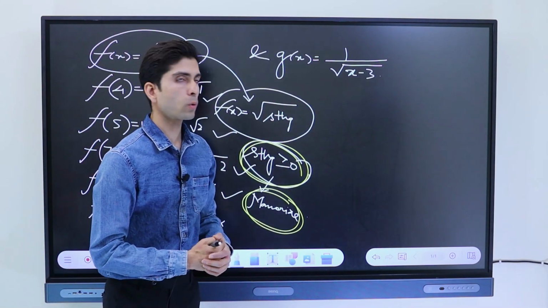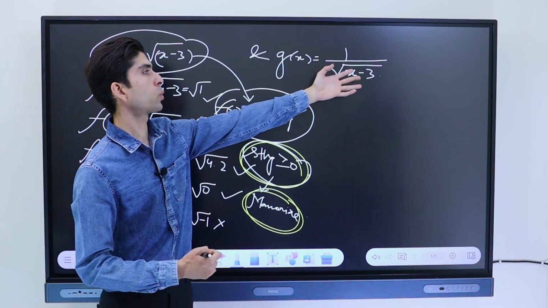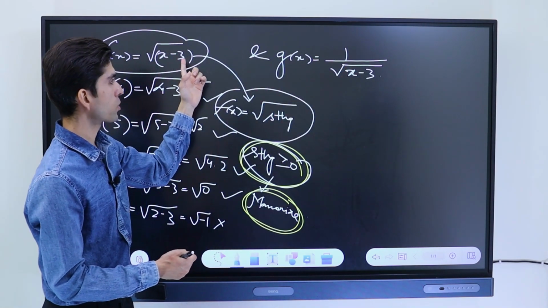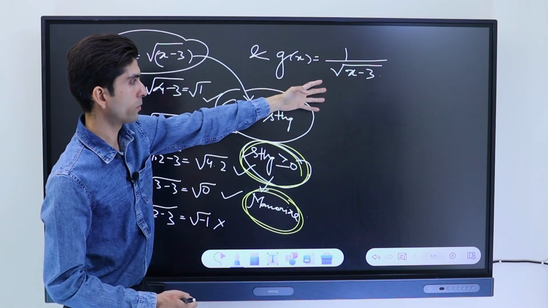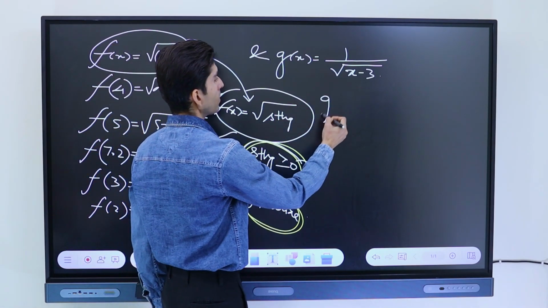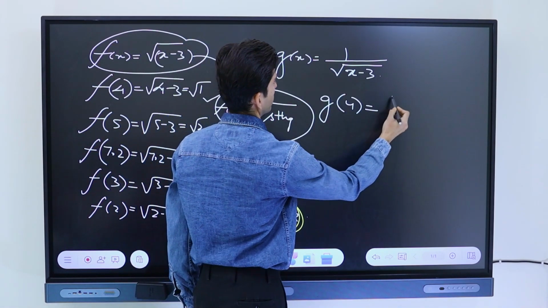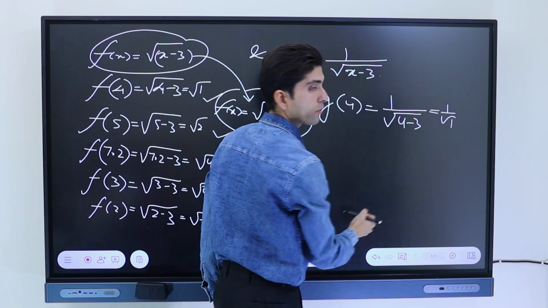Now, let's have a look at this. When we have 1 upon square root of (x - 3), what is the difference between these two? Again we have the square root sign, but unlike this situation where we have a square root sign in the numerator, here we have the square root sign in the denominator. If I take x as 4, 1 upon square root of 1, it is defined.